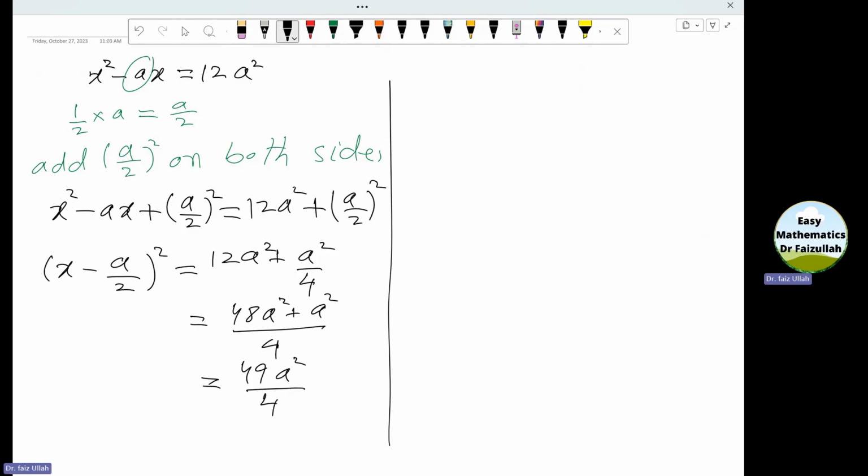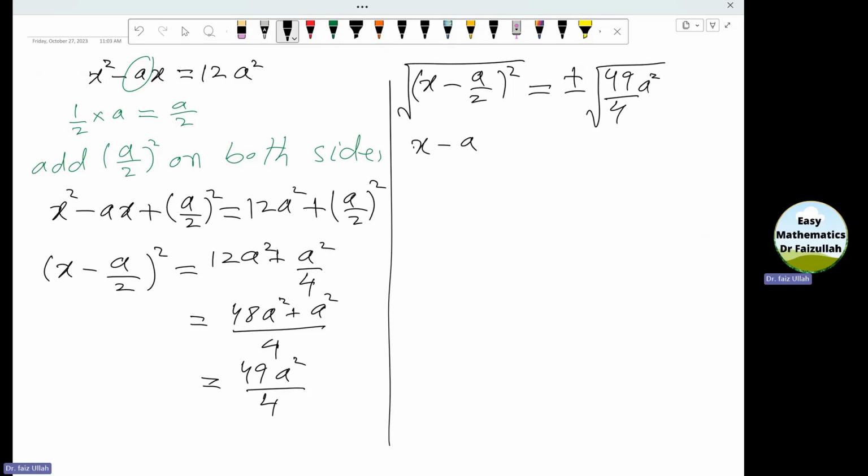In the next step, we take square root on both sides. So we have x minus a divided by 2 whole square, and the square root is here now, is equal to plus minus square root of 49 divided by 4 a square. From this we get x minus a divided by 2 is equal to plus minus 7a divided by 4.